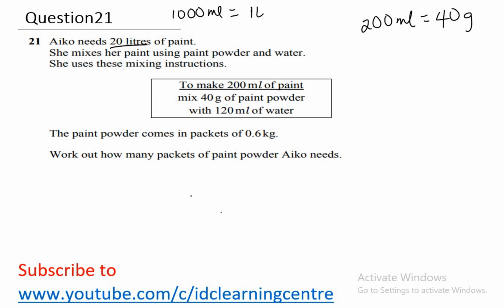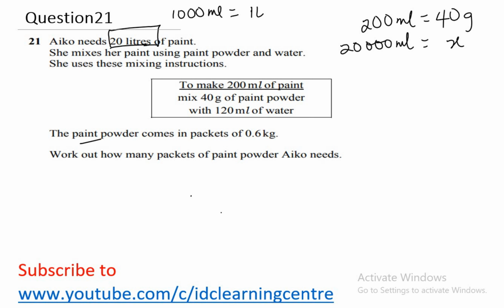So to change 20 liters to milliliters, you multiply 20 by 1000, that will give you 20,000 milliliters. So we want to find out how many grams of paint powder we need for that. We don't know, let it be X.